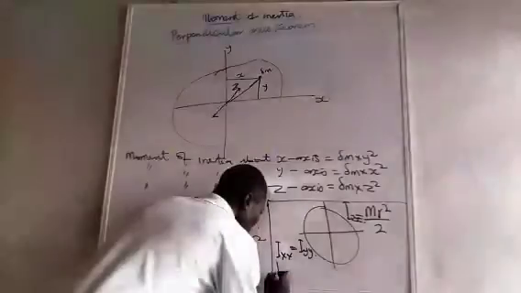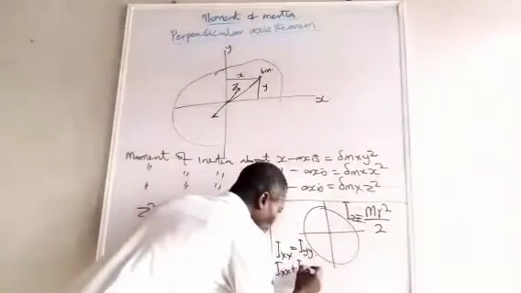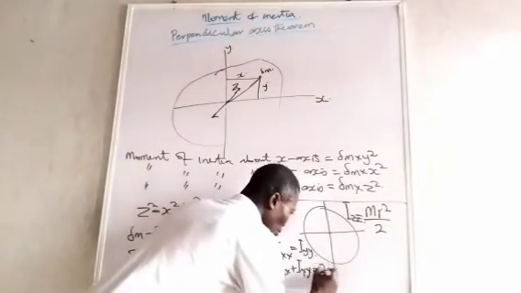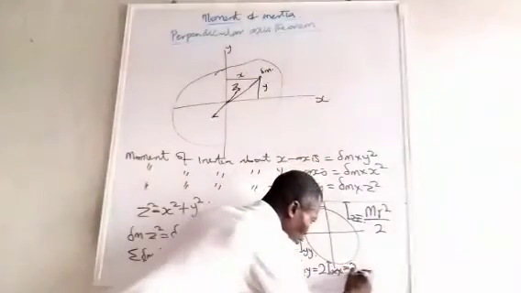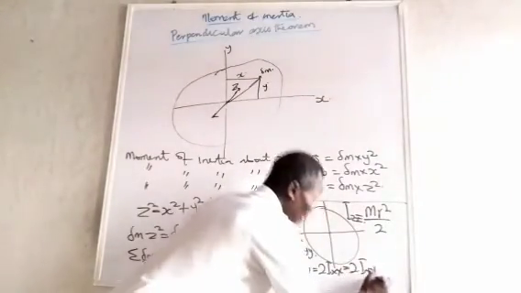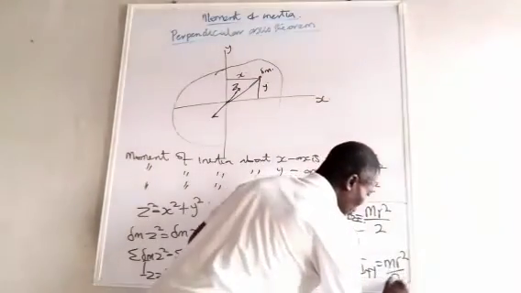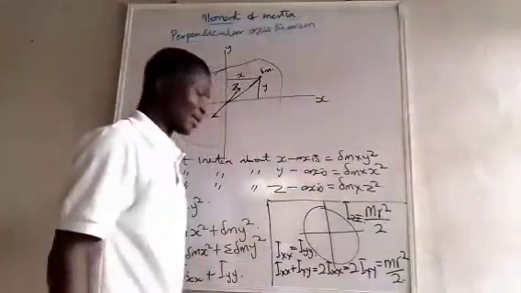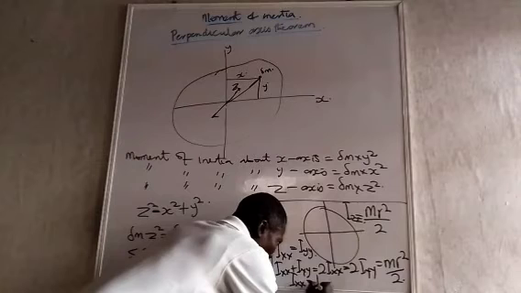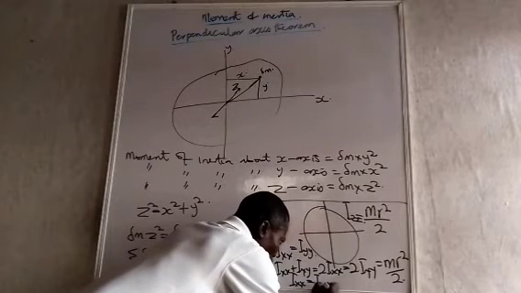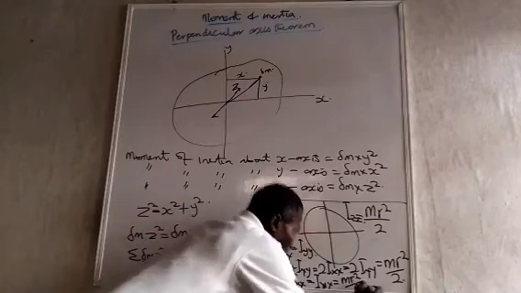Therefore, Ixx plus Iyy should be equal to 2Ixx, which is also equal to 2Iyy, which should be M r squared over 2. You understand? So Ixx will be equal to Iyy, which should be M r squared over 4.